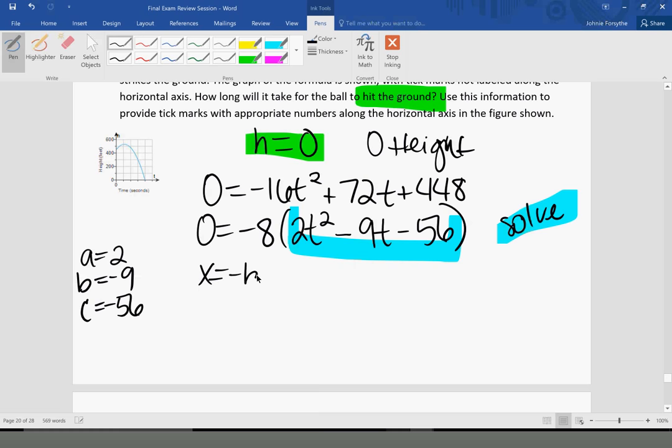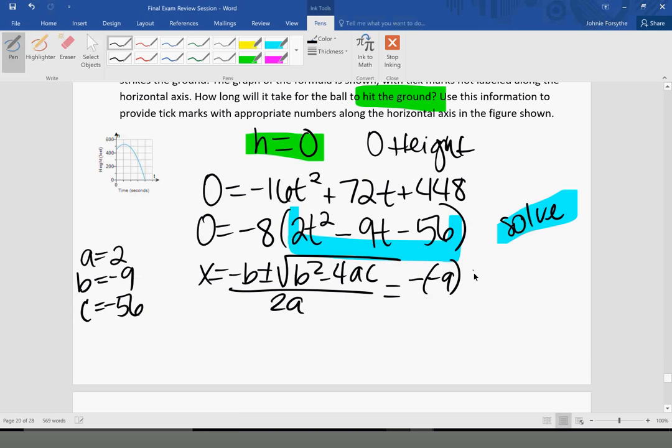So x equals negative B plus or minus the square root of B squared minus 4AC, all divided by 2A. So that's going to be negative times negative 9 plus or minus the square root, negative 9 squared minus 4AC, divided by 2 times A.